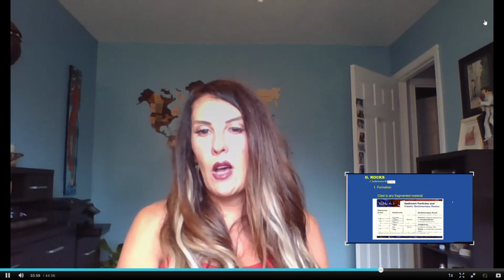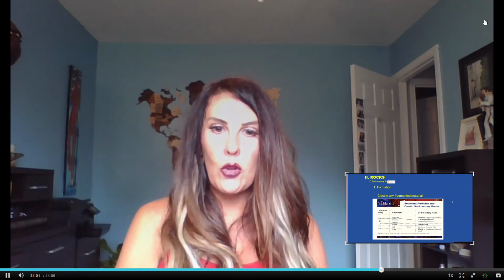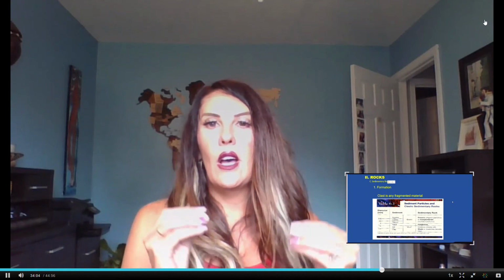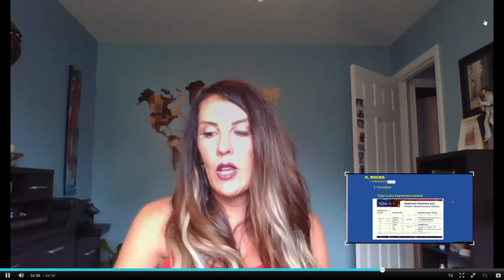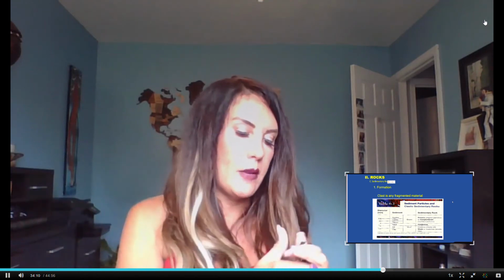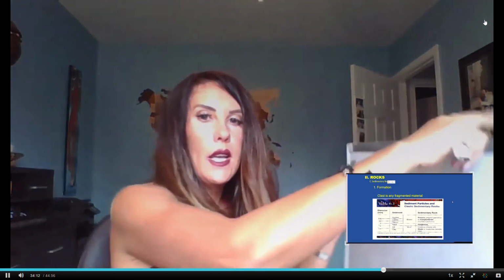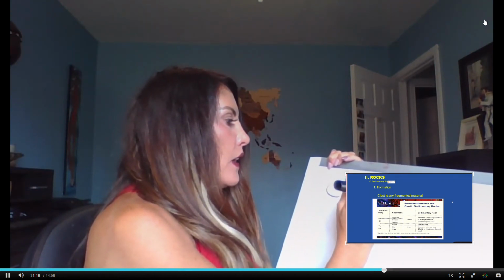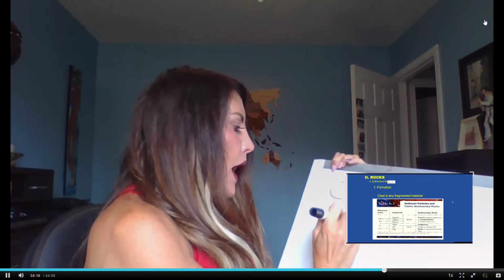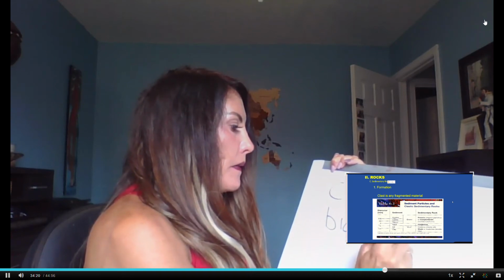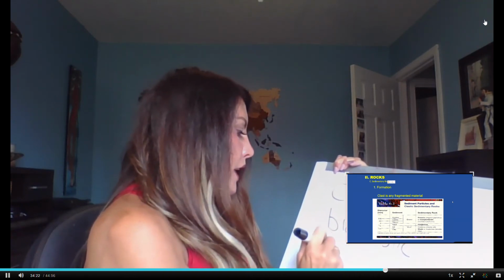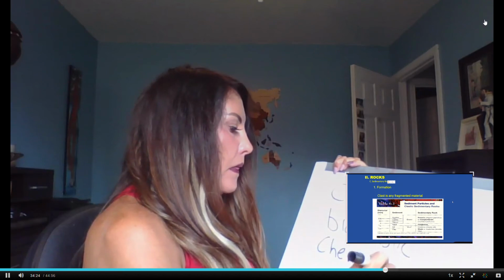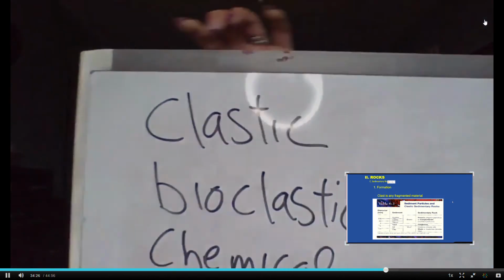I put this up to show you that we can break up sedimentary rocks into three major categories. We can call them clastic, bioclastic, or chemical. I'll let you write those down.